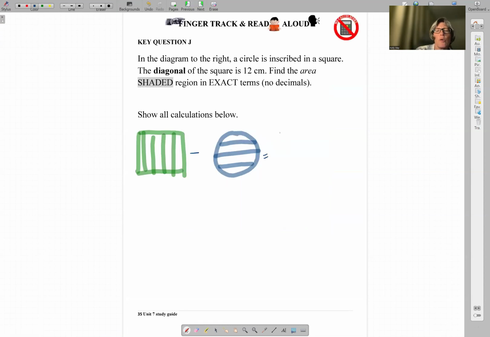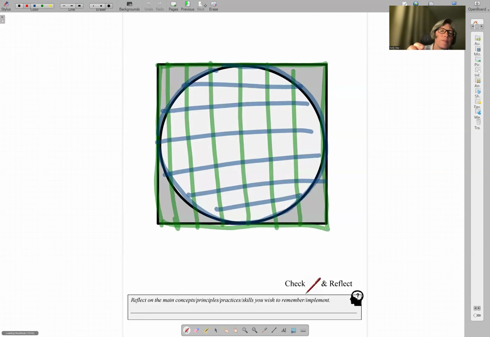That is going to get you your shaded region. And the piece of information you've been given is the diagonal of the square is 12 centimeters.